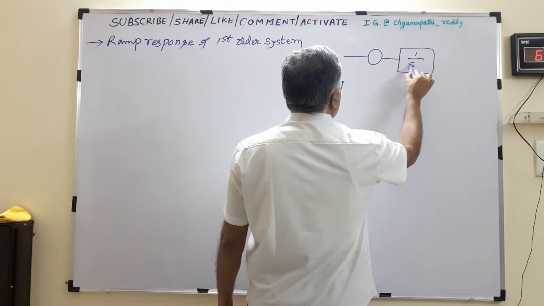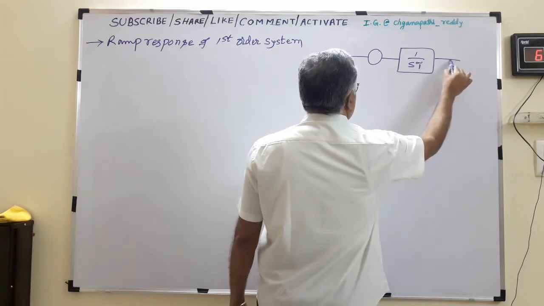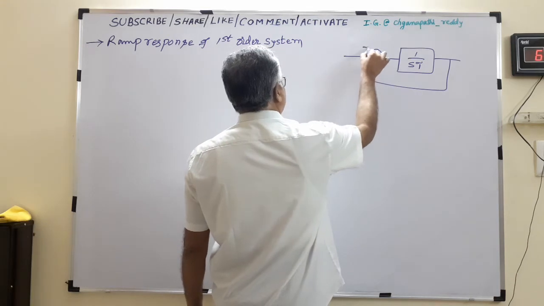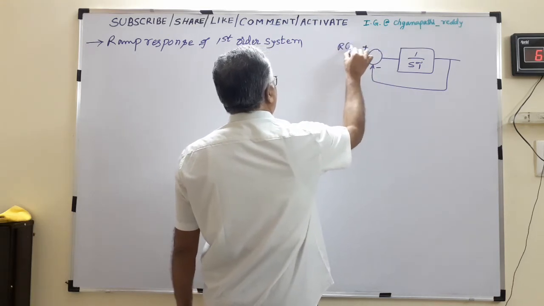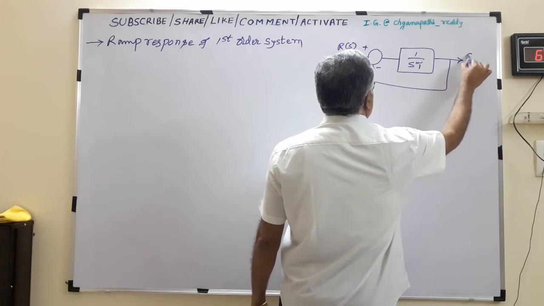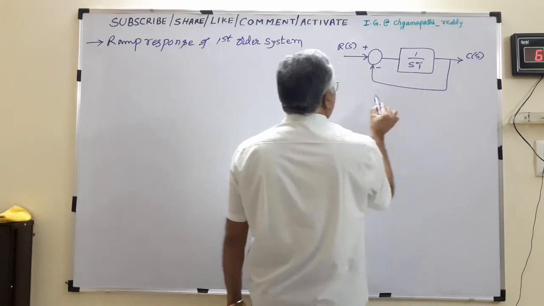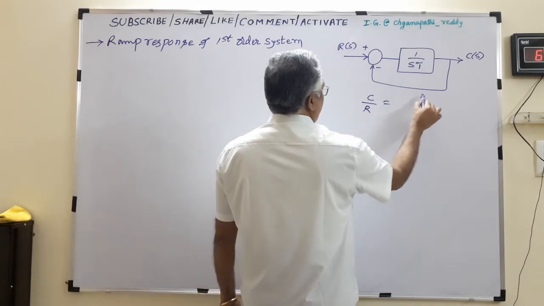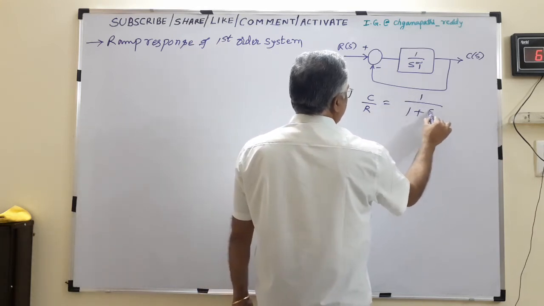So, any first order system, how do we express? 1 by S tau, it is a unity feedback system, and C of S. So, what is C by R here? 1 by 1 plus S tau.